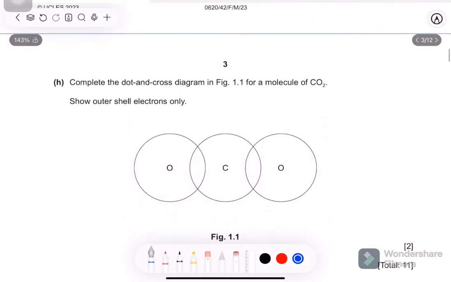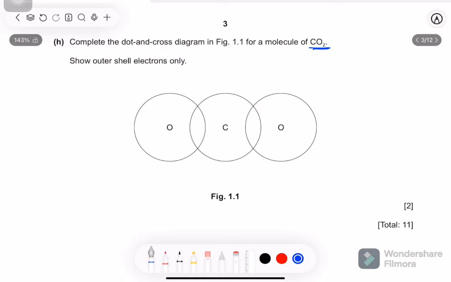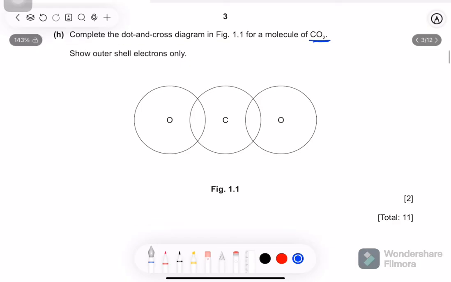Next, we have to complete the dot and cross diagram in a molecule of carbon dioxide. Show outer shell electrons only. So carbon has 4 electrons in its valence shell, in its outer shell, and oxygen has 6 electrons. So oxygen needs 2 electrons to complete its outer shell, and each oxygen needs 2 electrons, and each carbon gives 2 electrons.